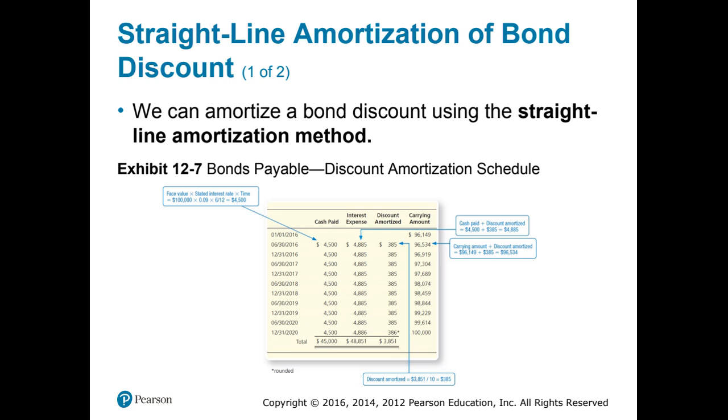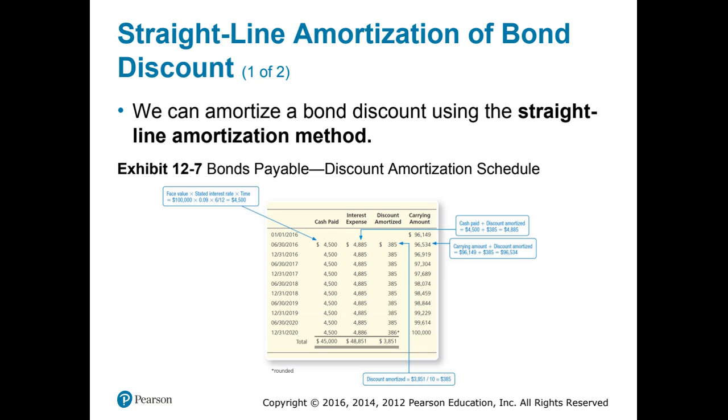So on June 30th, we paid $4,500 cash. $4,885 went to interest expense. $385 was discounted. And so that leaves us with a carrying amount of $96,534.